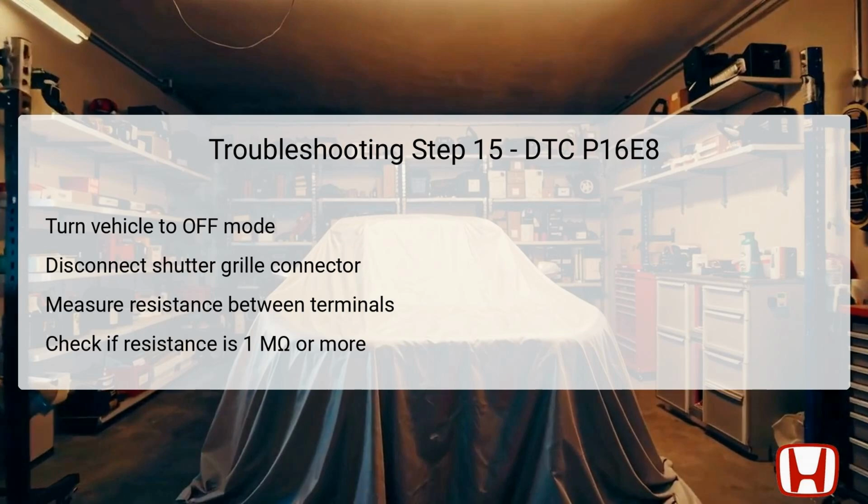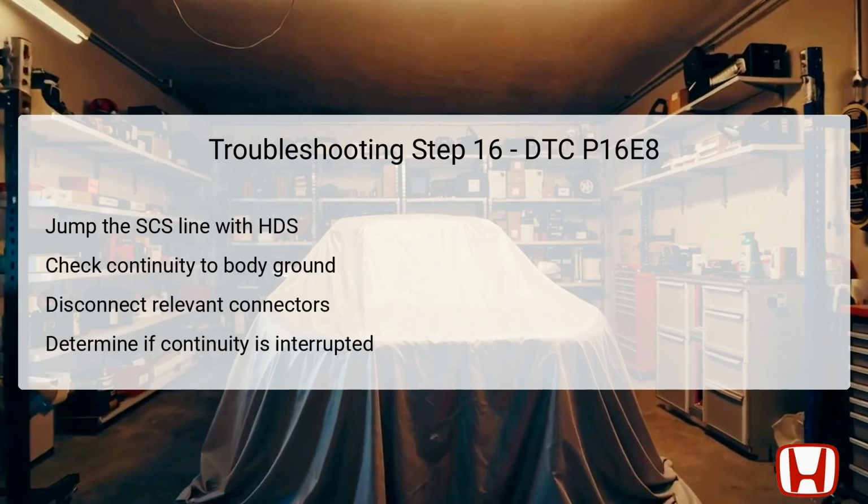However, readings below this threshold propel the technician towards step 16 to further investigate any short circuits present in the LIN communication network. Returning to the continuity check, step 16 requires jumping the SCS line with the HDS. This setup allows the technician to accurately isolate issues in the LIN system. Subsequently, continuity tests are performed between the shutter grille 4P connector terminal and the vehicle's body ground, while sequentially disconnecting connectors such as the PCM, battery sensor, and alternator harness.